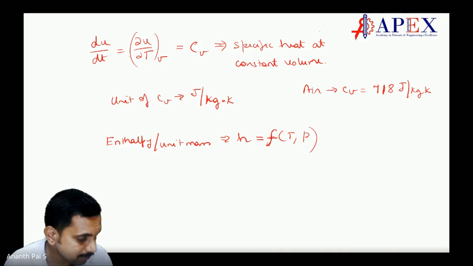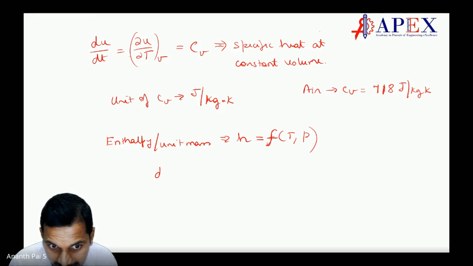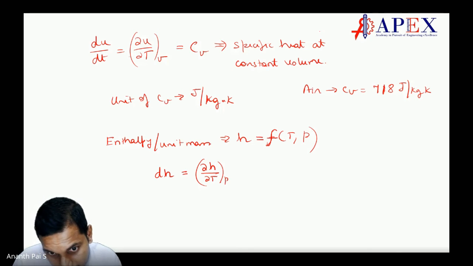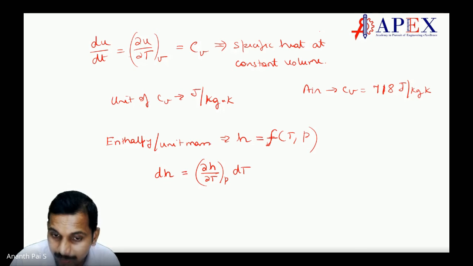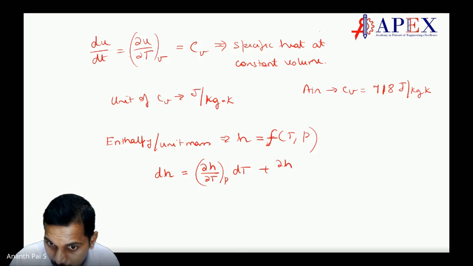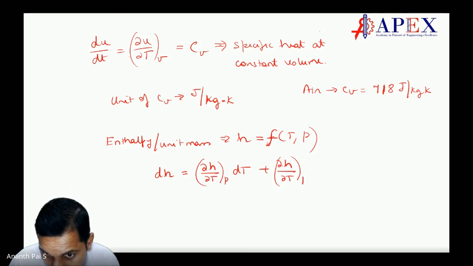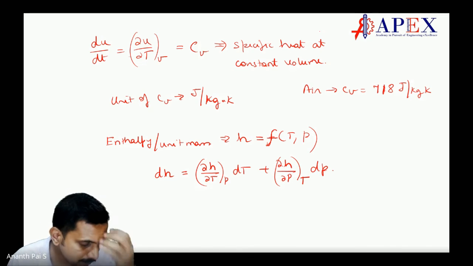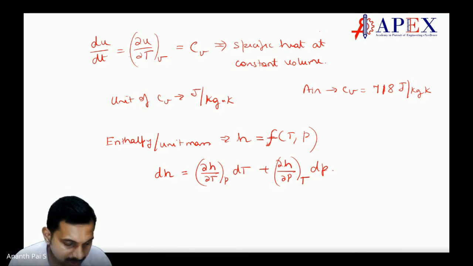Now if I want to write dH, it can be written as dou H by dou T at constant pressure dT, plus dou H by dou P at constant temperature into dP. Now let us understand more here.